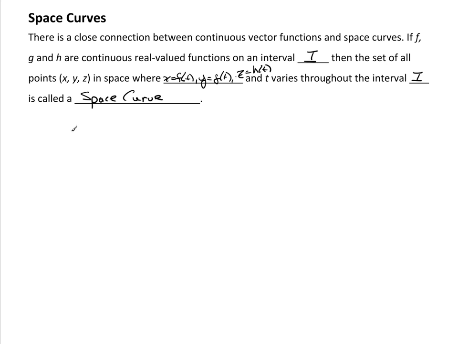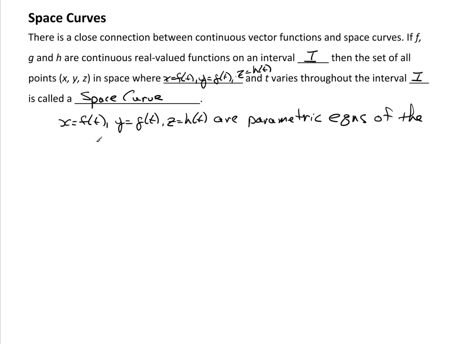Now, these functions where x equals f of t, y equals g of t, and z equals h of t are parametric equations of the space curve, and t is the parameter.